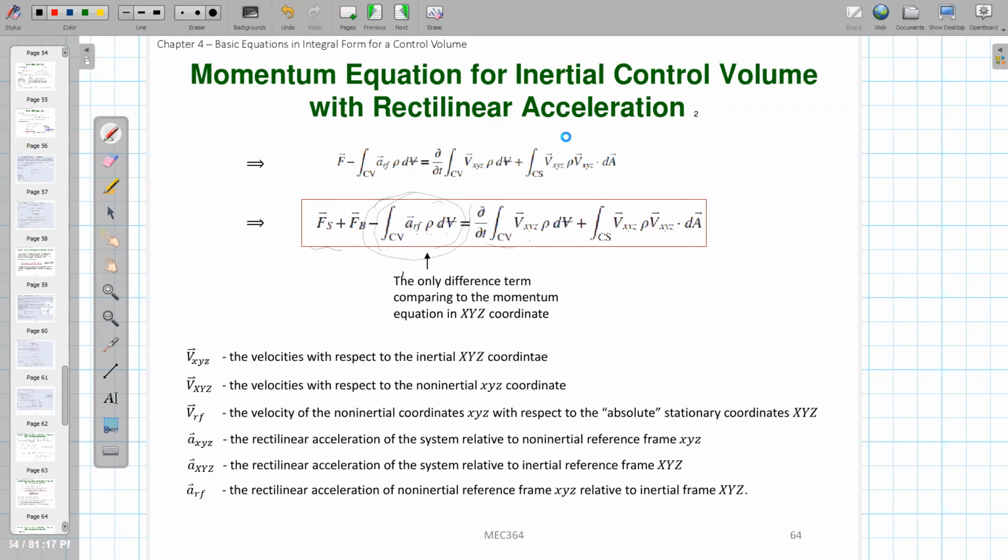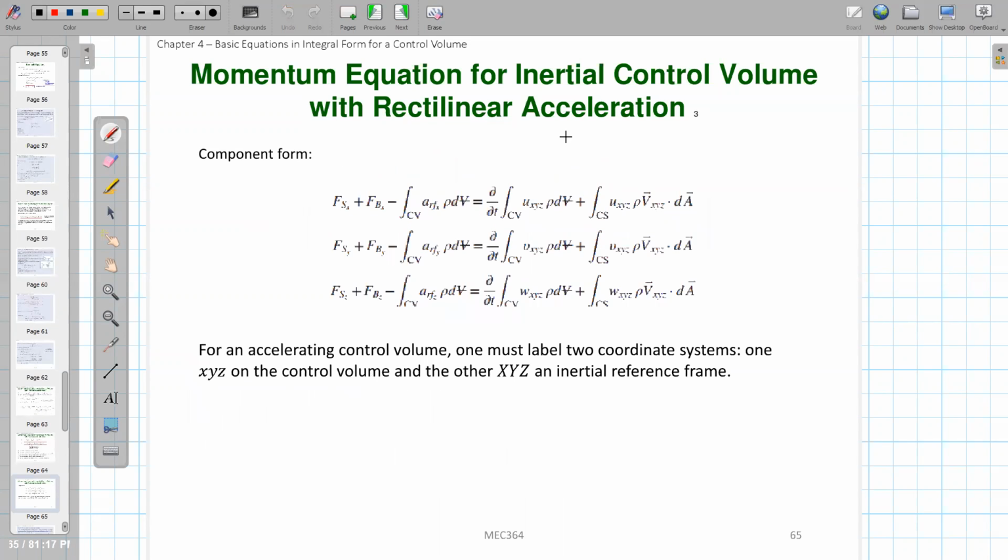You can also write this equation in the 3-component form on x, y, z, and on each component direction you have their own new term. So this is what the momentum equation looks like if the control volume has a rectilinear acceleration. Just remember you will have these new terms here.